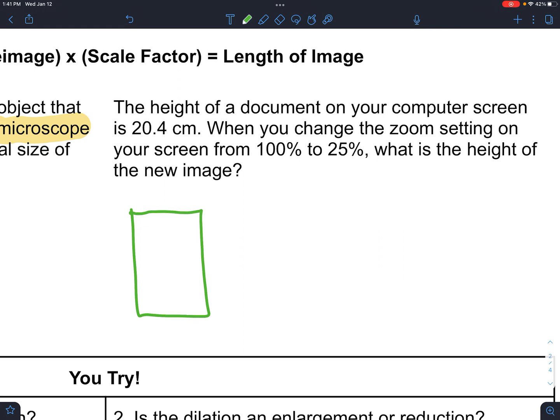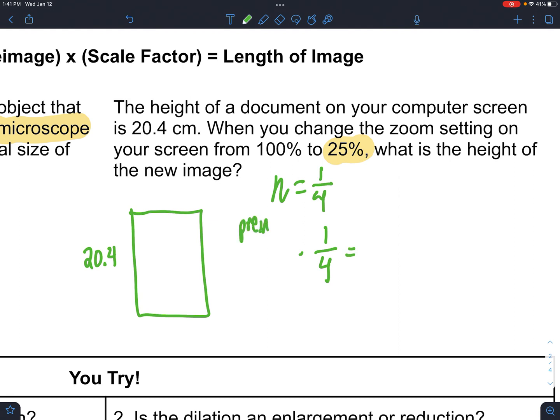Here we have a document that is 20.4 high, and we perform a zoom setting that makes it 25% as tall as it was before. So n, the scale factor, is going to be 25% is 1/4. Okay?